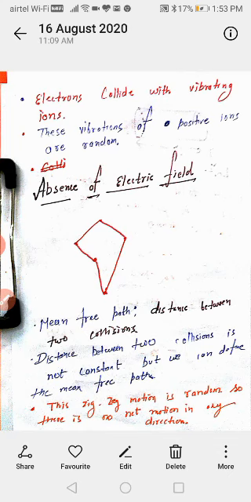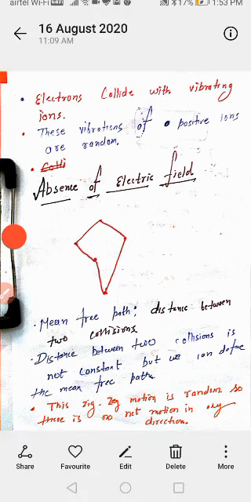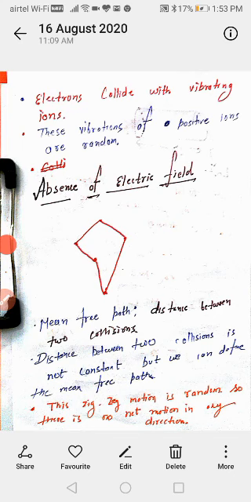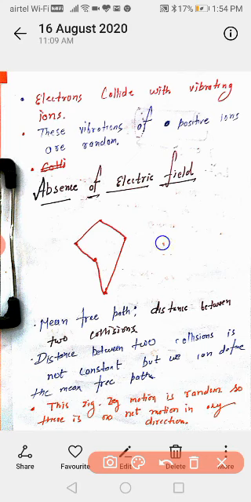Here you can see, if we do not apply any kind of field, then an electron will move randomly. An electron will start from here, it will move, then it will collide with some atom, then again it will move, and the direction will change, and this will be the behavior.